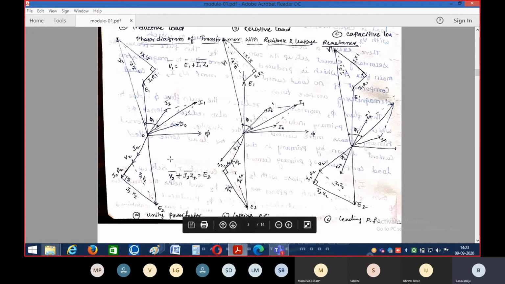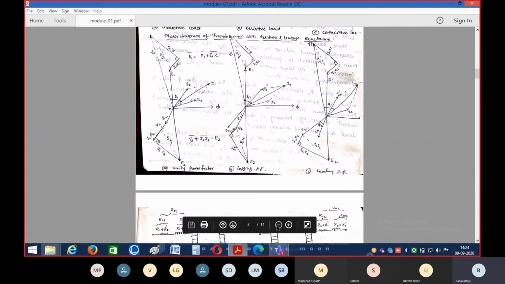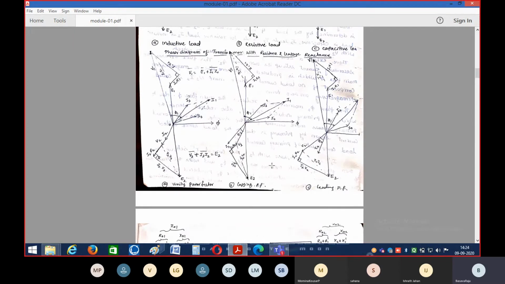So this is the vector diagram considering the voltage drops with respect to both primary and secondary: the voltage drop due to the resistance and reactance of the secondary, and similarly the resistance and reactance of the primary winding. This is how we get it in the case of resistive loads, or when the power factor is unity. So this vector diagram represents the unity power factor case.